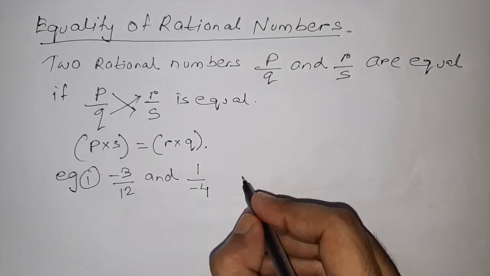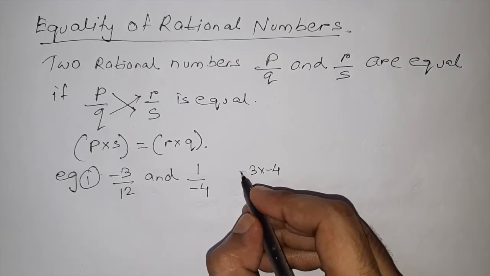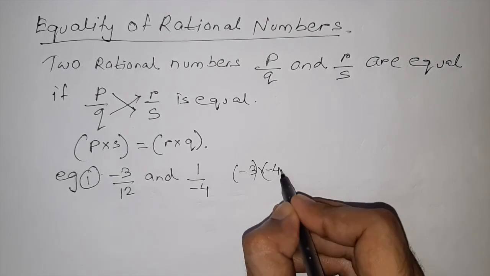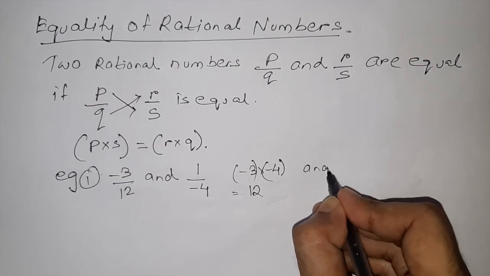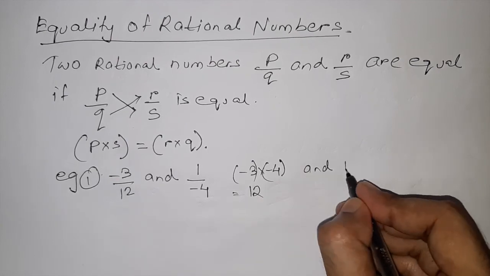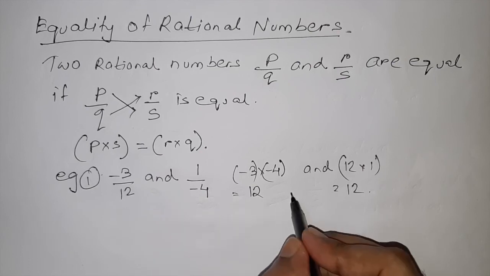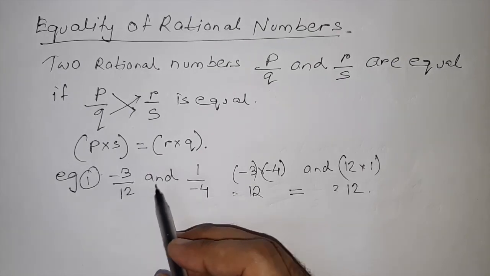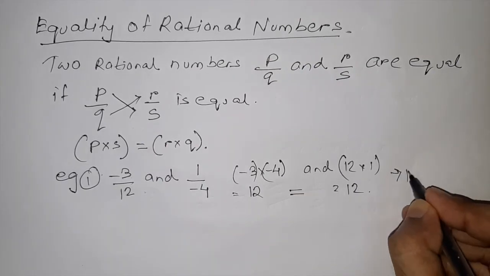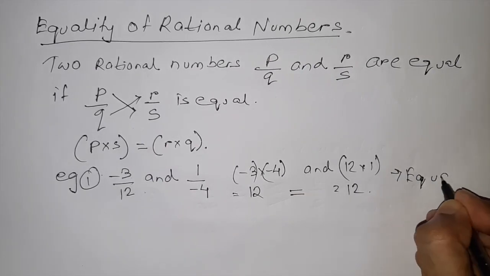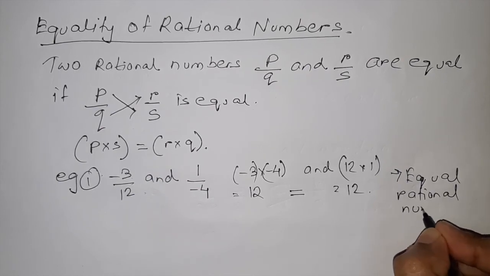Accordingly it will be -3 into -4, cross multiplied, so it will be 12, and 12 into 1 is 12. That means it is equal, so therefore these are equal rational numbers.